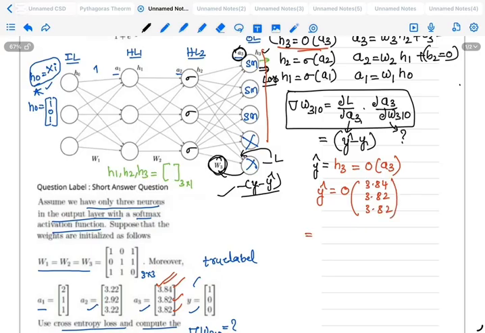How do we write softmax? e power 3.84 by e power 3.84 plus e power 3.82 plus e power 3.82.